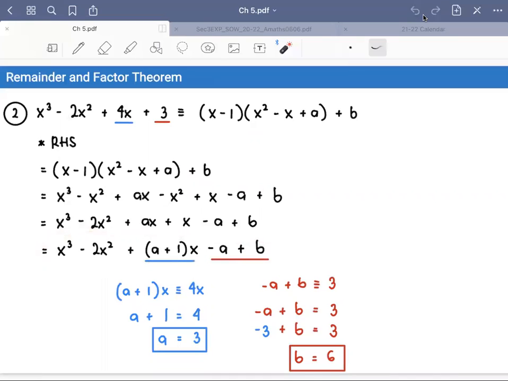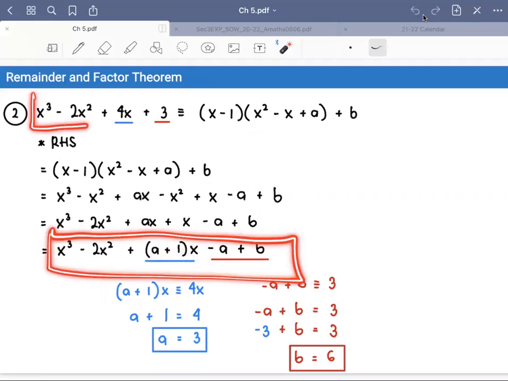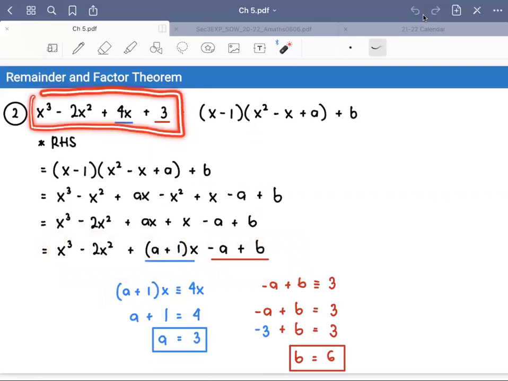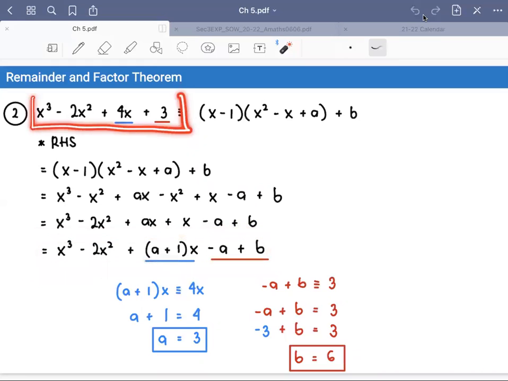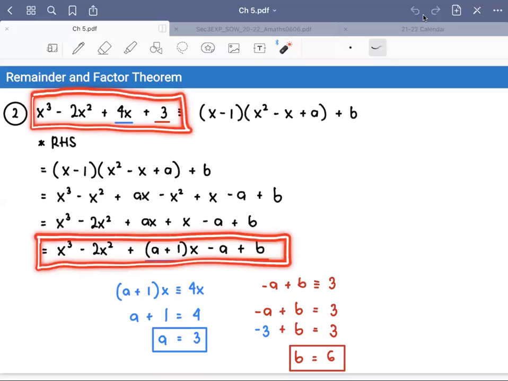Now, if you're looking for a, since x is the variable for this expression, we need to compare this with this, because it says here that x cubed minus 2x squared plus 4x plus 3 is similar to this side also. So they're similar to one another, which means we can compare coefficients on this one.